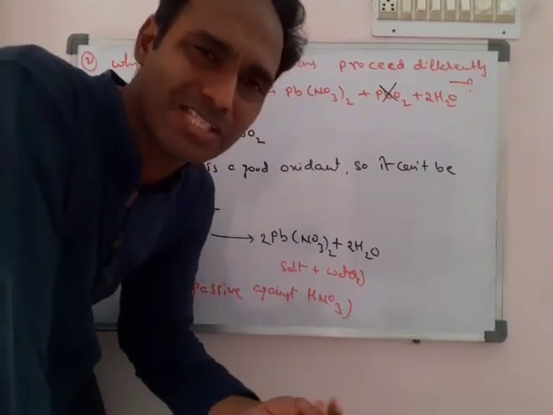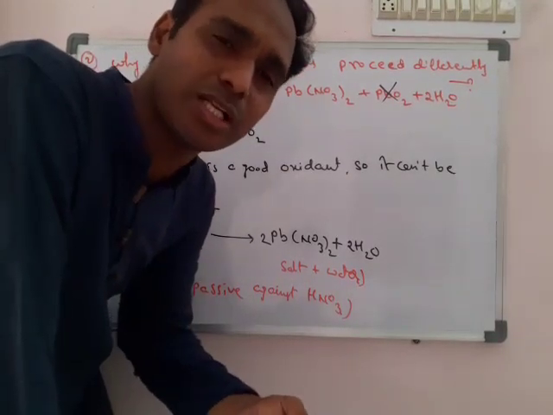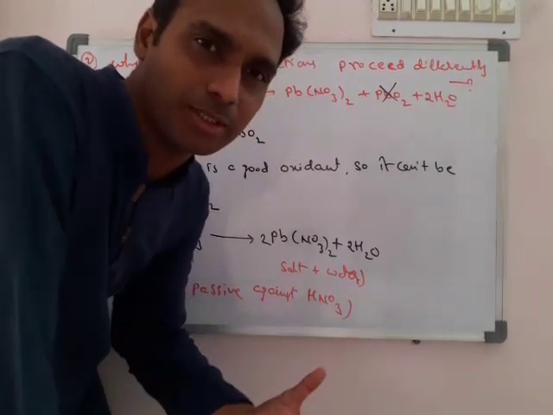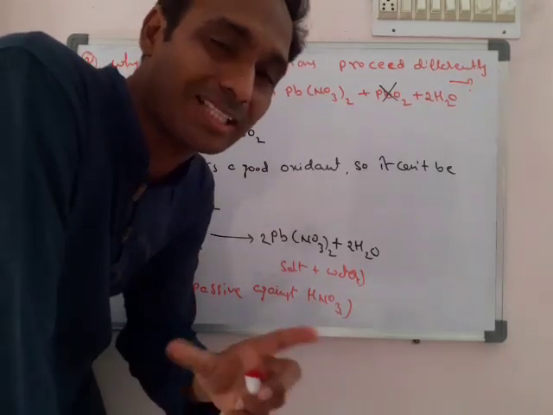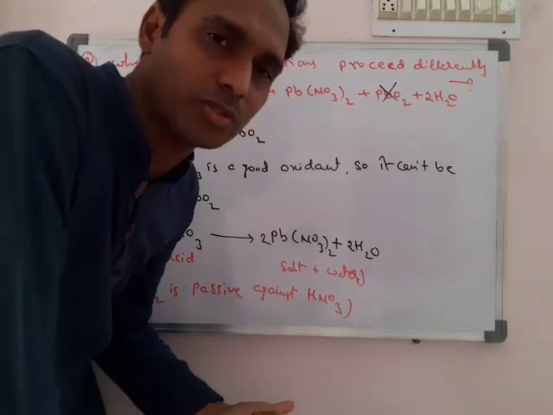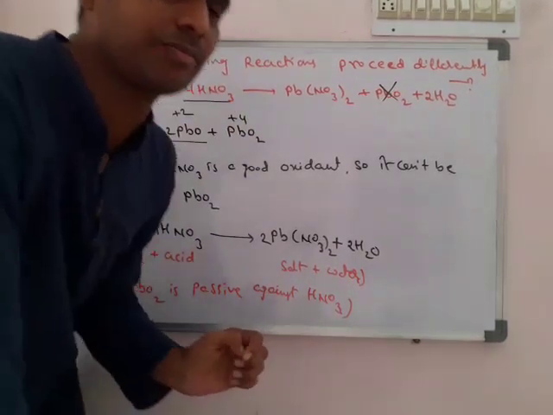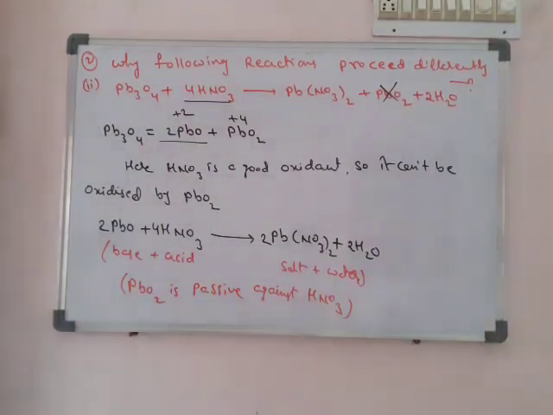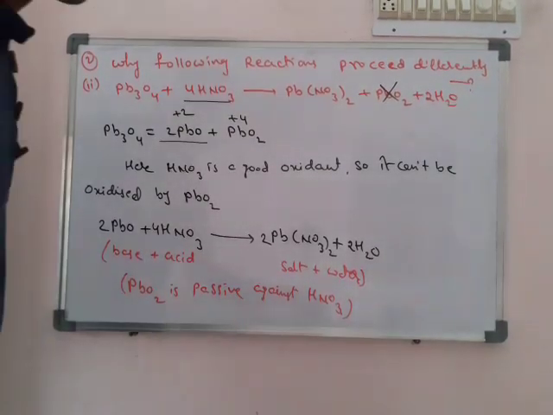Sometimes we sit passively, which means just inactive, dull, without doing any work. Then we call it passivity. So here PbO2 does nothing with the HNO3, and that is called passivity between them. Okay. So next, we see one more last question.